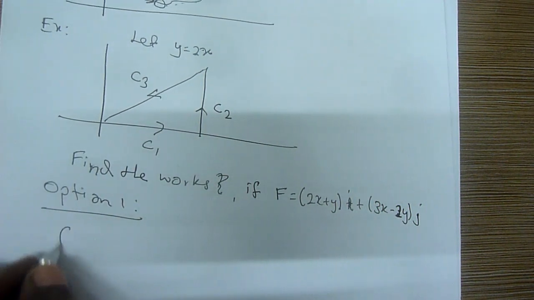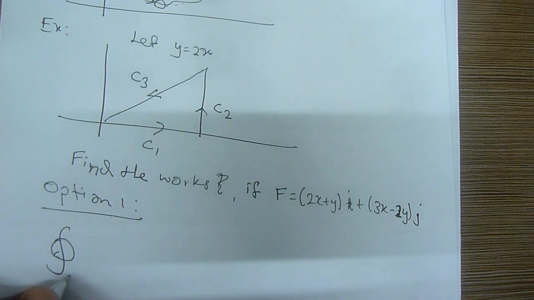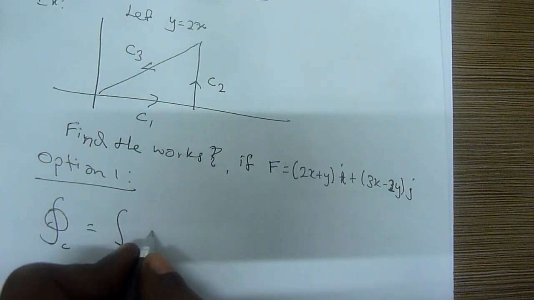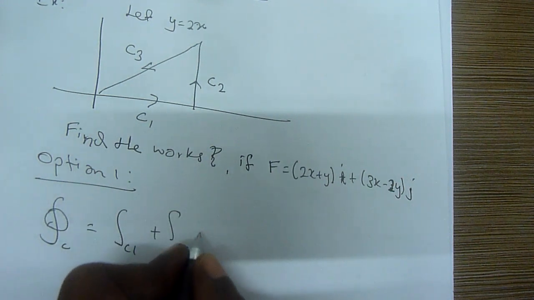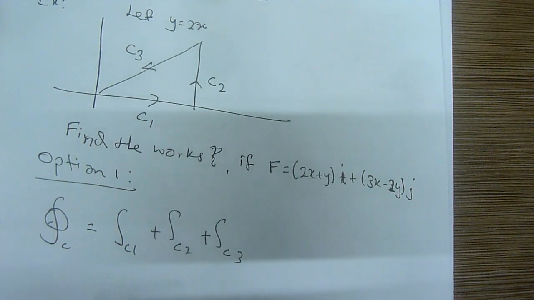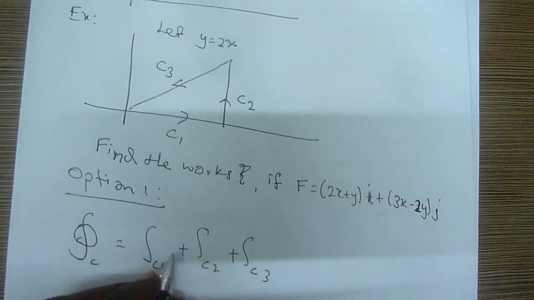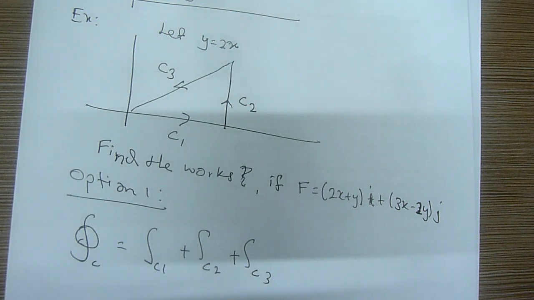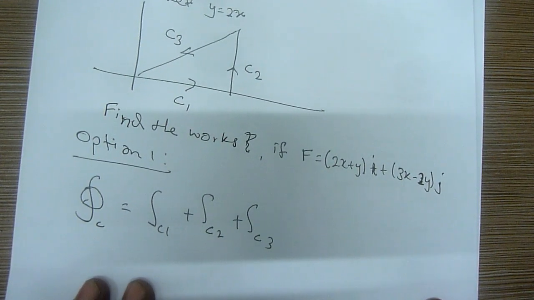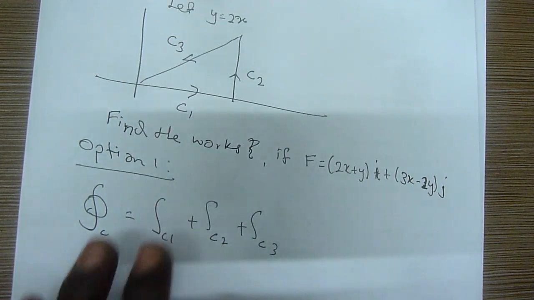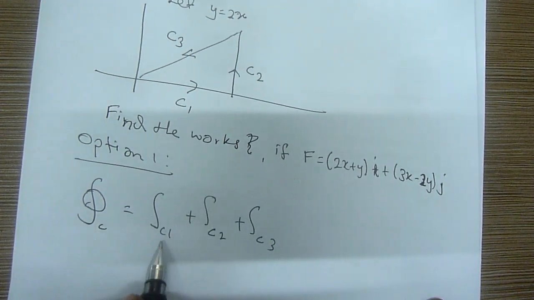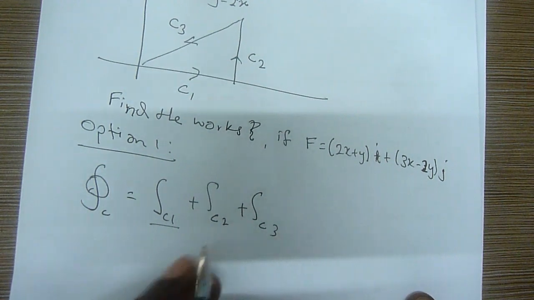Therefore the whole circle C is equivalent to C1 plus C2 plus C3. Is it correct? The whole work can be calculated based on 1, 2, 3. Let me choose one by one. I'll show you some of the work very fast, to help you understand that the process can be calculated in various ways. One way is to start by calculating C1.